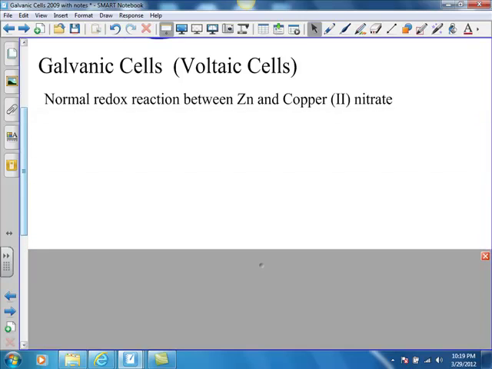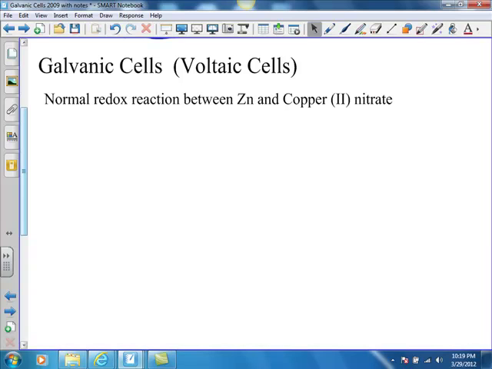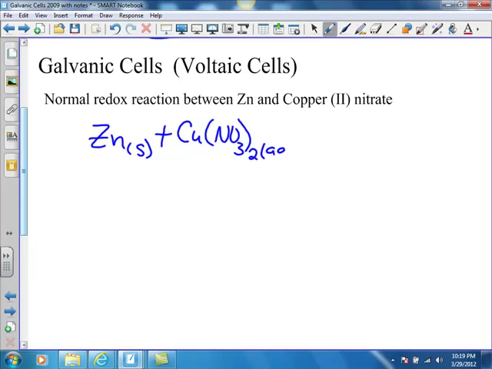Now, one of the things that you have to understand is what is happening in a normal oxidation and reduction reaction. So let's say I have a normal reaction where I have solid zinc, and I'm going to add that to copper nitrate, copper 2 nitrate. Now, that copper 2 nitrate is aqueous.